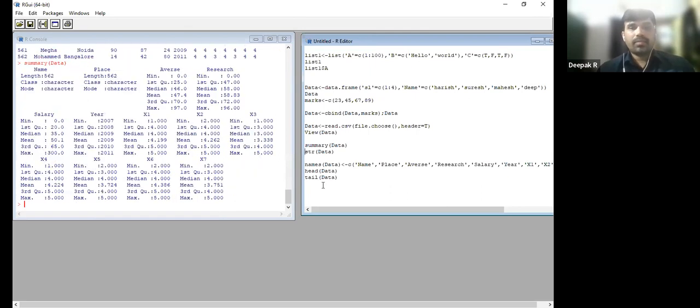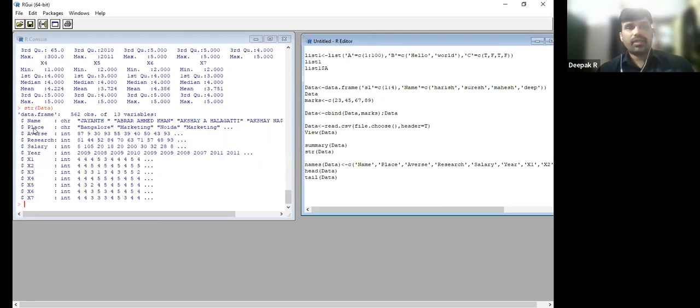Once I have this, I go for the summary of the data and structure of the data once again. The place which is there, I want to convert into a factor. So with data dollar place, I want R to understand that these are nothing but nominal values, distinct values.